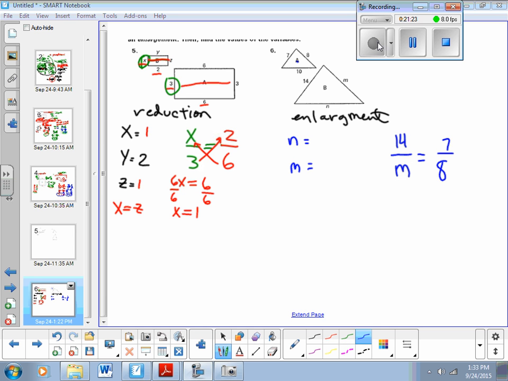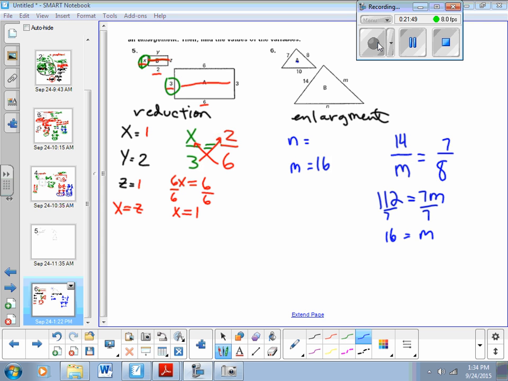What's 14 times 8? 112. And 7 times n is 7n, yeah? Divide by 7. M is equal to, type in 112 divided by 7. 16 exactly? Okay.